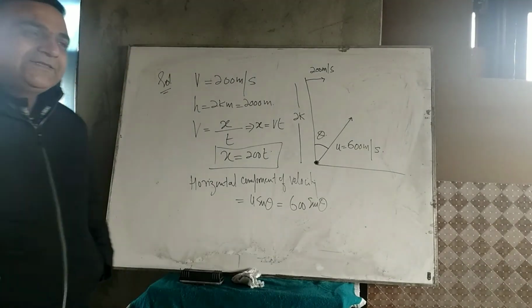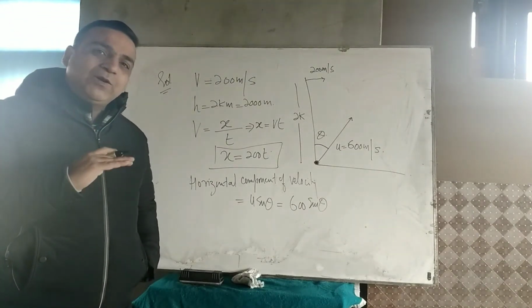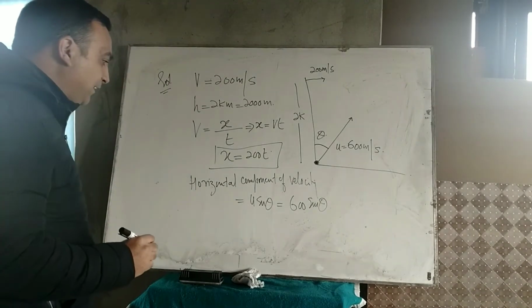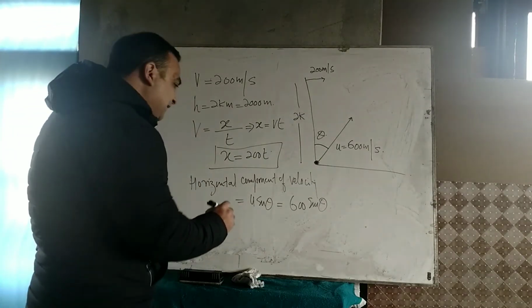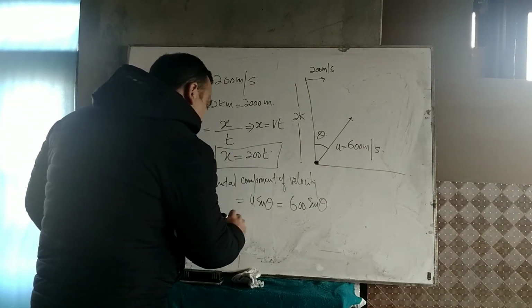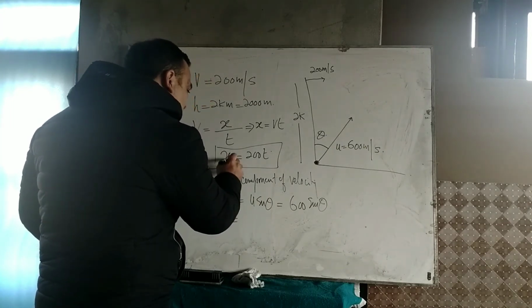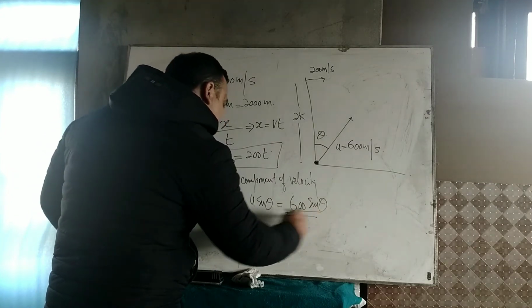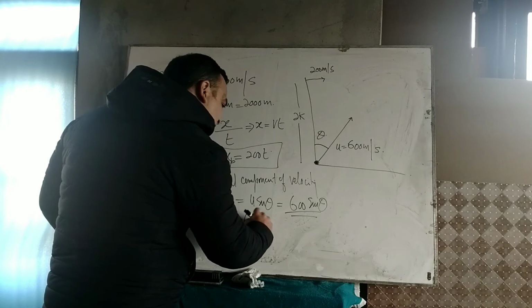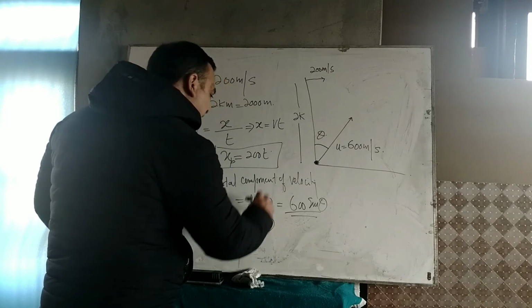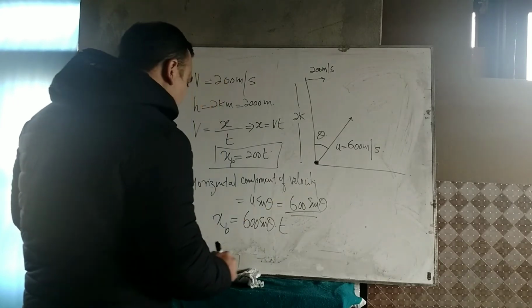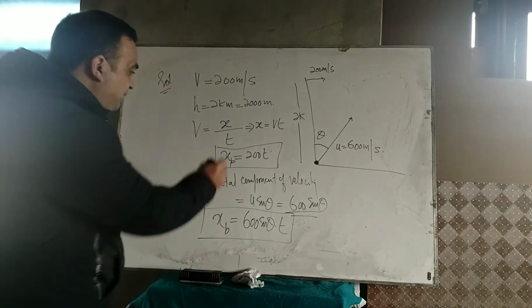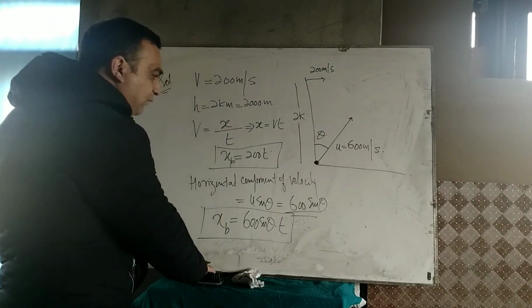And this bullet should cover the equal horizontal distance if it has to hit the aircraft. So this x is for the plane and this x is for the bullet. How much is speed? That's 600 sine theta, and how much is time? Time is t. This xp must be same as xb. What will happen then?